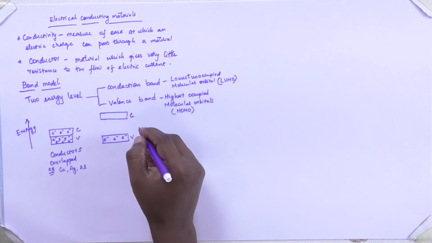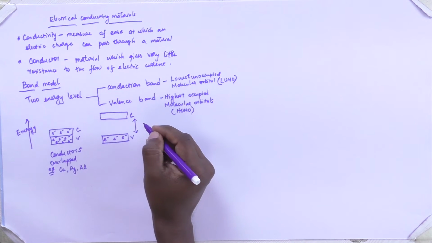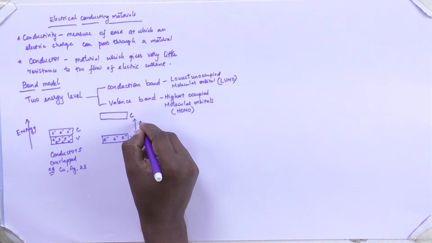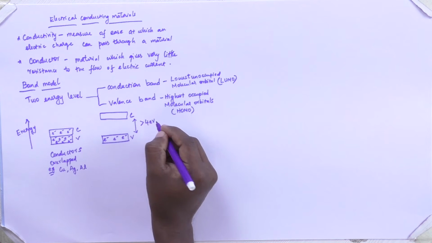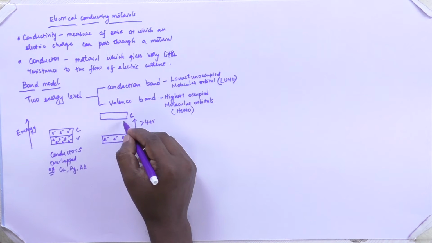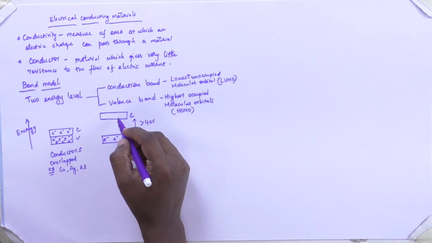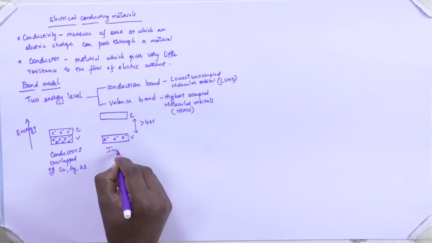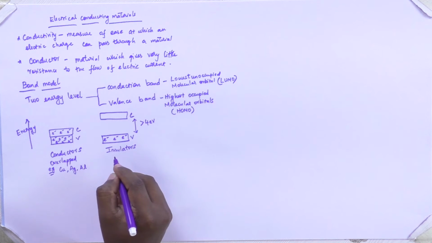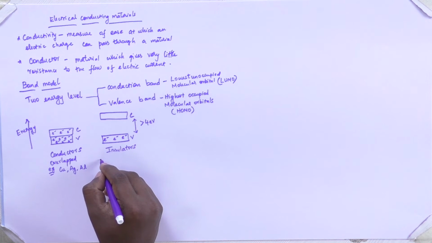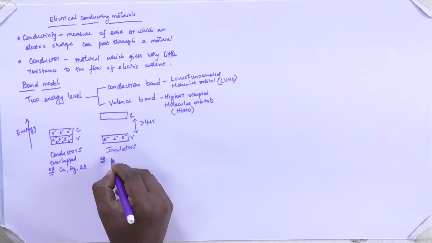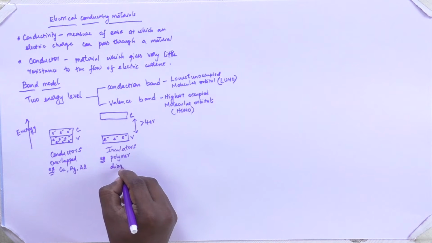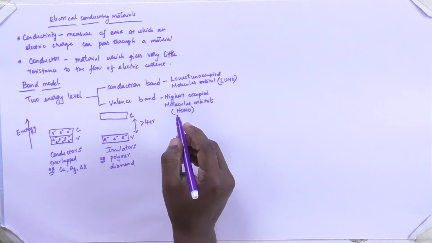So this energy gap, or we call it forbidden energy, is usually more than 4 electron volt. If you have this energy gap of more than 4 electron volt, then you don't have conduction in that material. As a result, these materials are called insulators, where they don't conduct electricity at normal temperature and pressure. So the examples here are polymer and diamond, which don't conduct electricity.